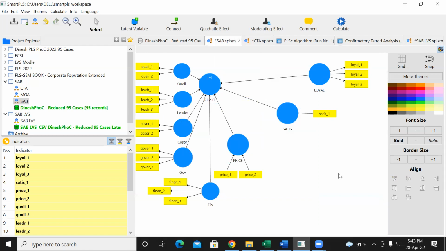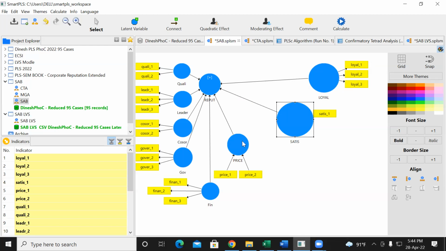Now this is a scenario. Don't you see any issue when you run this model? You have to think. Now this is a hypothesized model. Any idea? Loyalty is a larger construct.